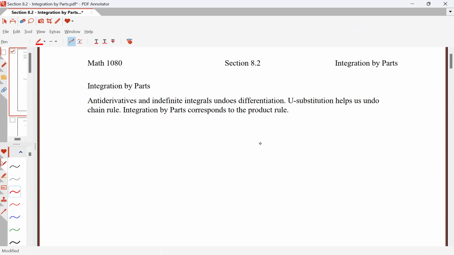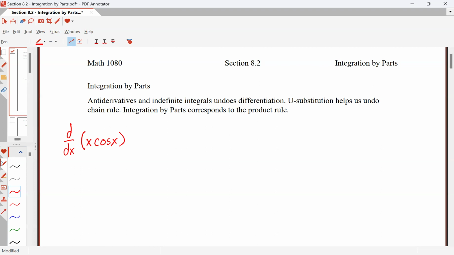So looking at the product rule in general on a specific example, suppose we have the function x times cosine of x, and we wanted to take its derivative.